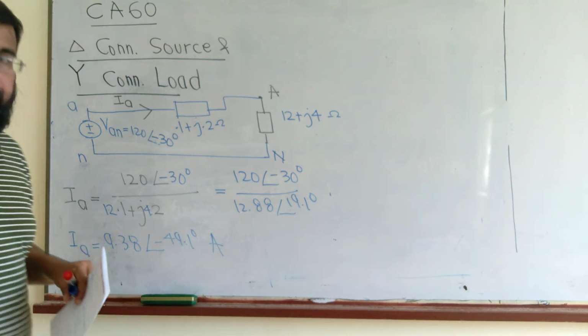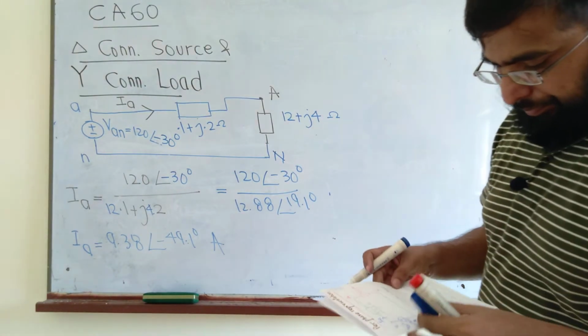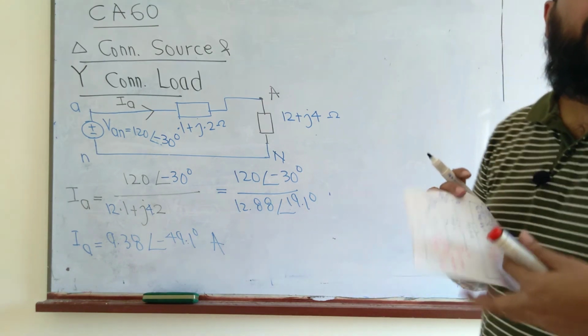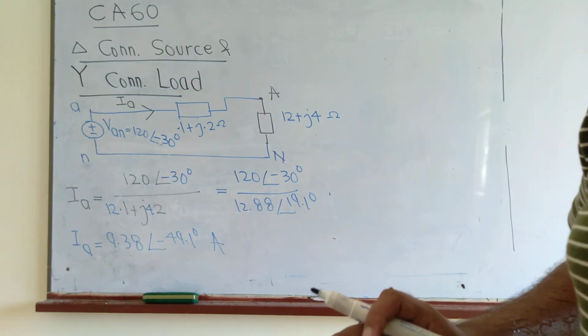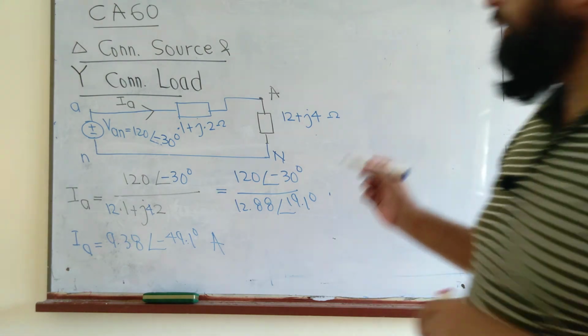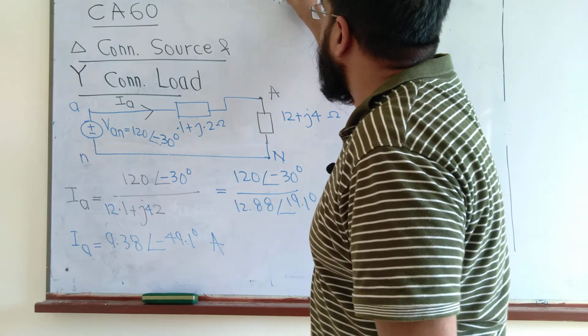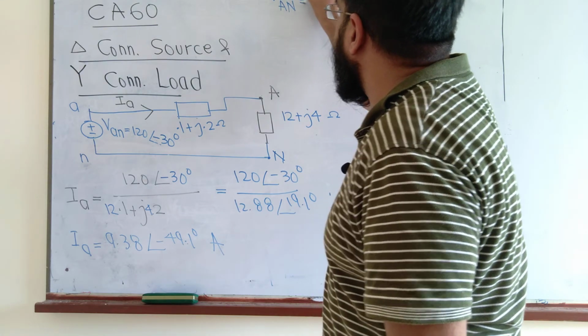This much in amperes, and all these values are in RMS; it's already given. Once we have converted all this, we are ready to find VAN, this voltage.